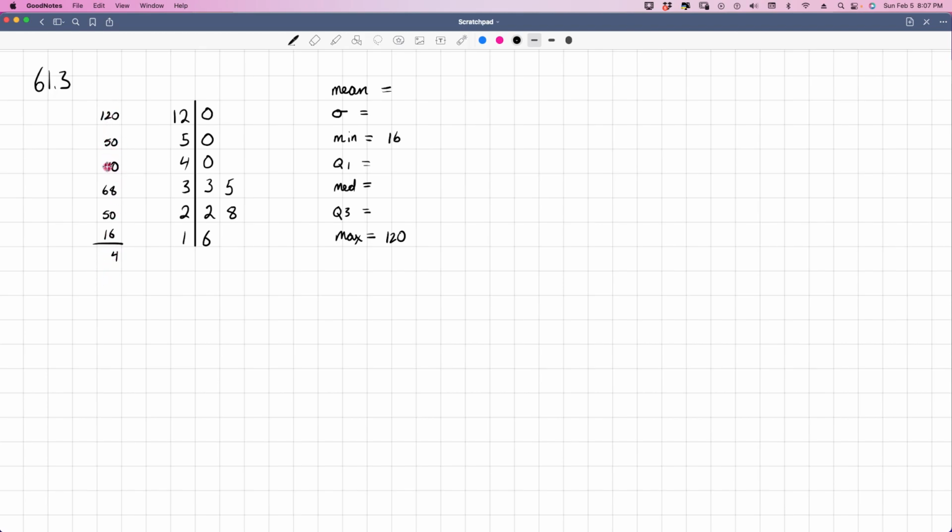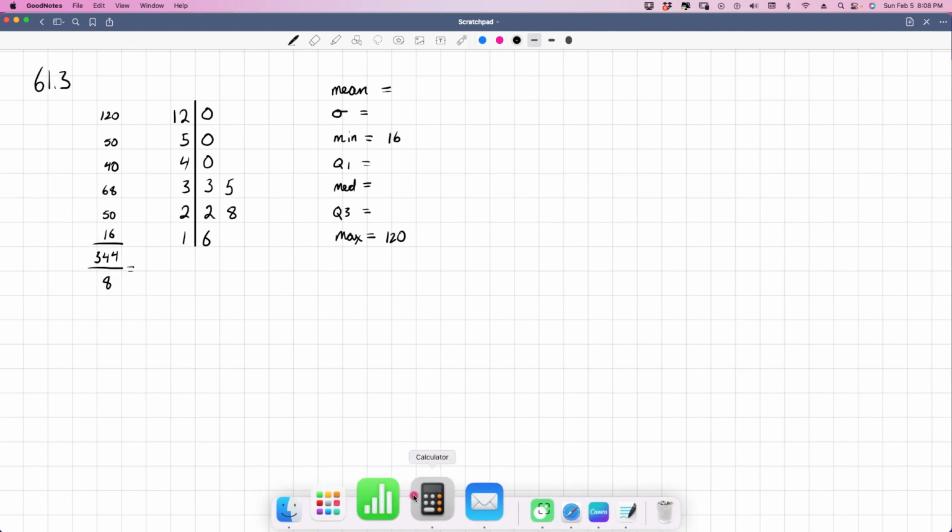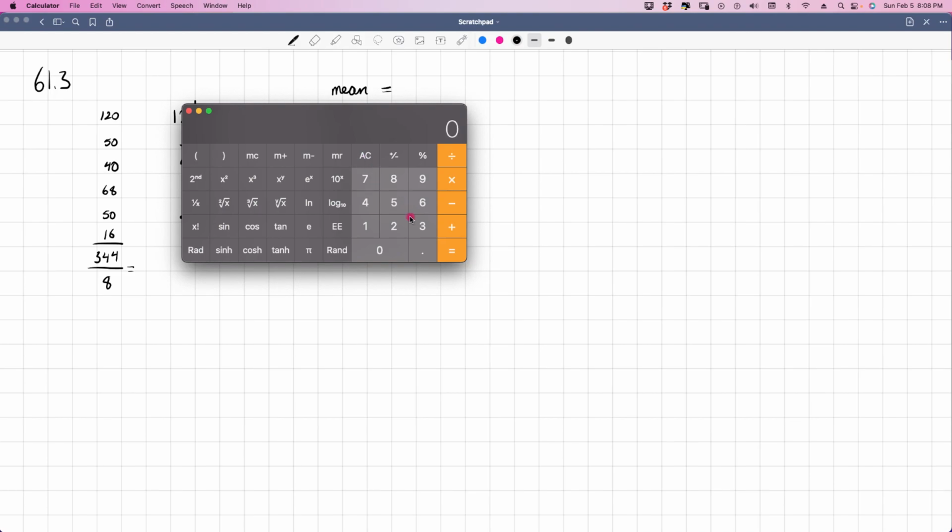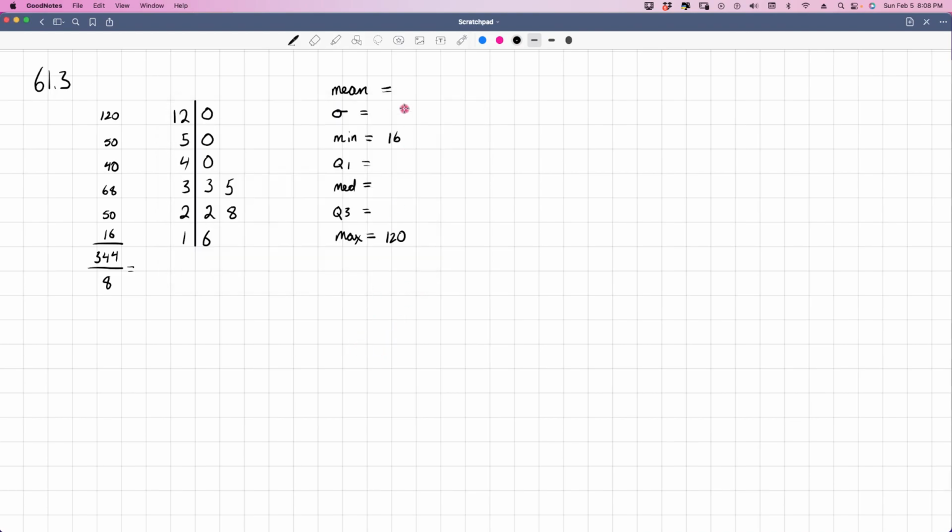That's 12. It's 18, 19, 24, carry a 2. This could be 344 divided by 8, since we have 1, 2, 3, 4, 5, 6, 7, 8 numbers. 344 divided by 8 is going to give us our mean. $43 is our mean. All right, so that part was not too difficult.